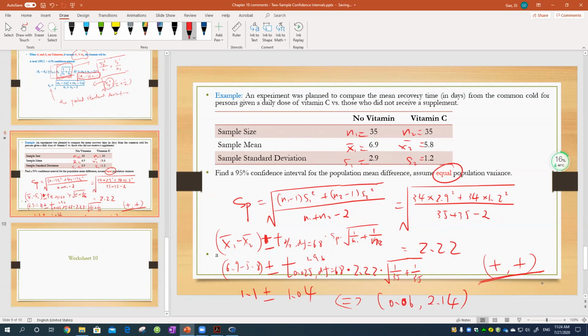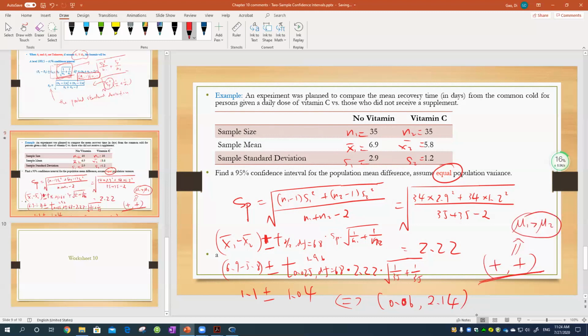Positive means what? x1 bar minus x2 bar represents the point estimate of mu1 minus mu2. So that tells us your mu1 minus mu2 is a positive value for most of the time. So that tells us mu1 is more than mu2.